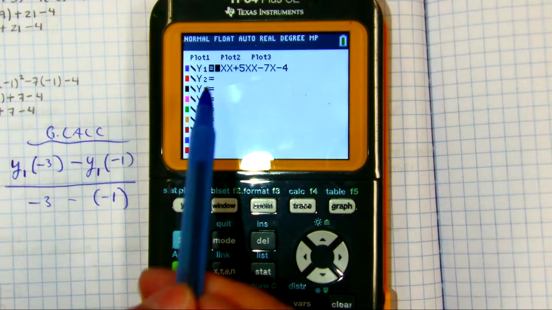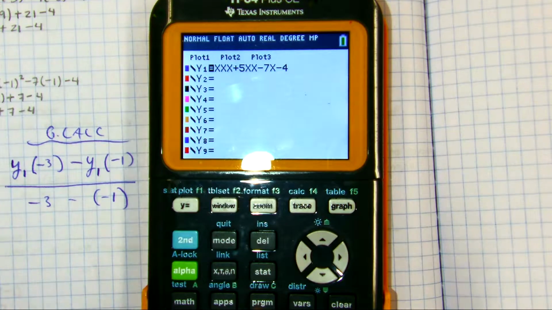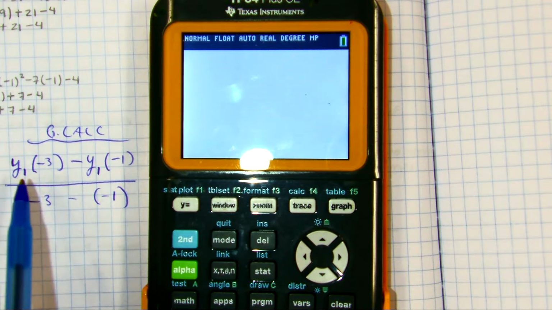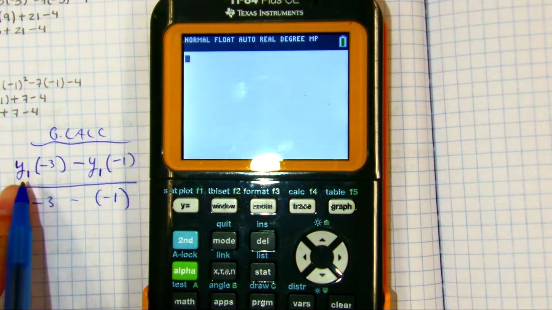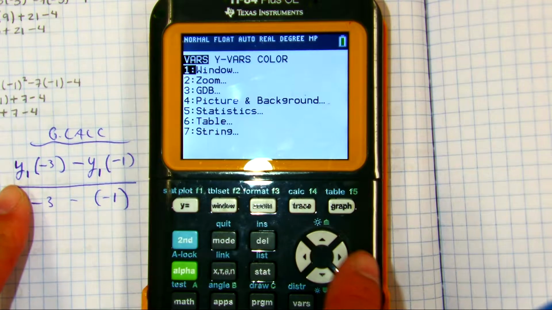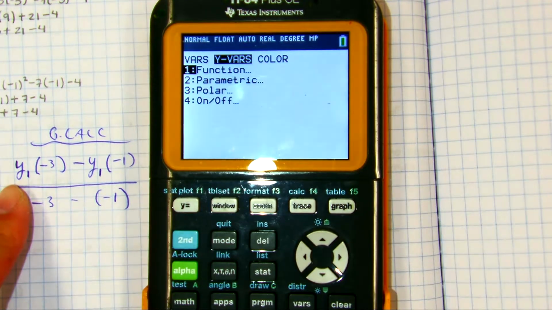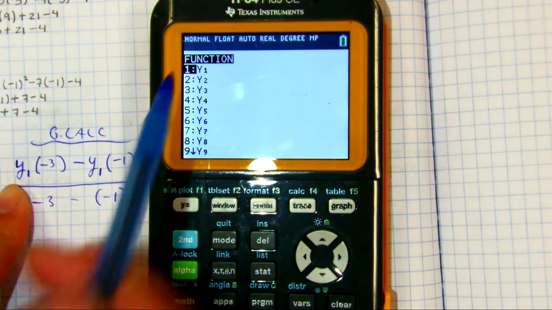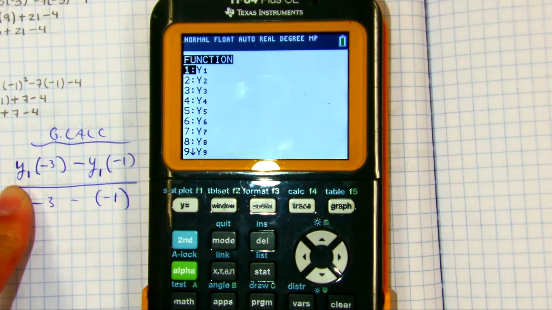Make sure you have that in there. And then to get the y1 value, there's two ways of getting this. The super long way is pressing vars. Everyone say vars. Everyone say y vars. Everyone say function. And there's the y1 value.